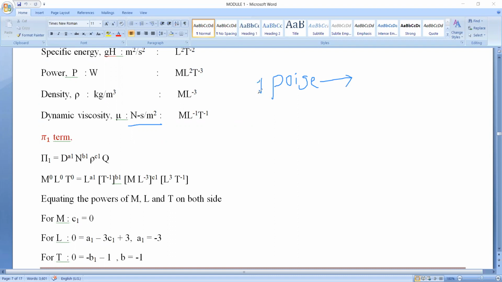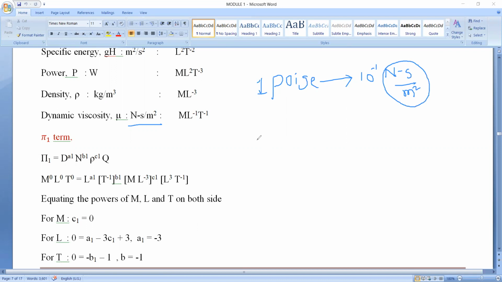One poise is nothing but 10 to the power minus 1 Newton second per meter square. So this is the unit conversion. Just remember guys, the Newton second per meter square is the SI unit for the absolute viscosity.